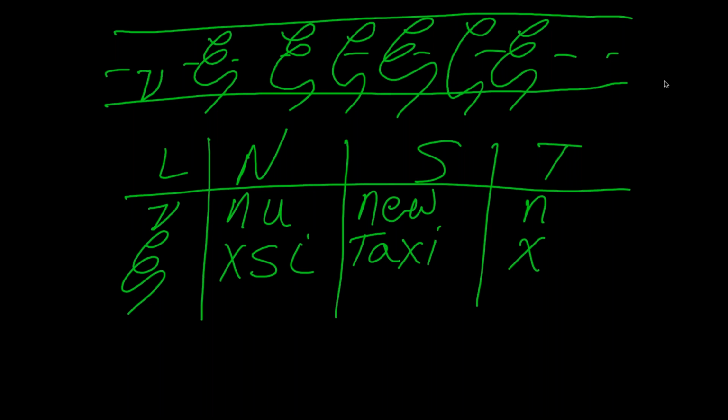Now, remember that C is X. The reason I point that out, what is this letter? That's your Chi. It's chi in math. What is it in Greek?